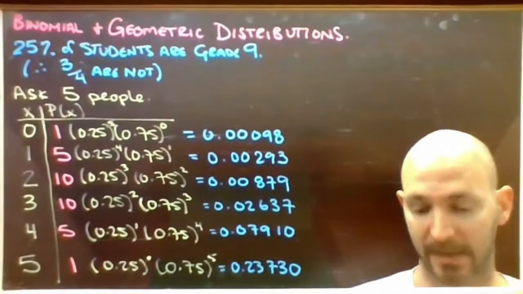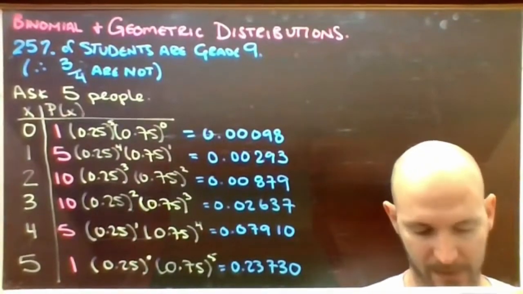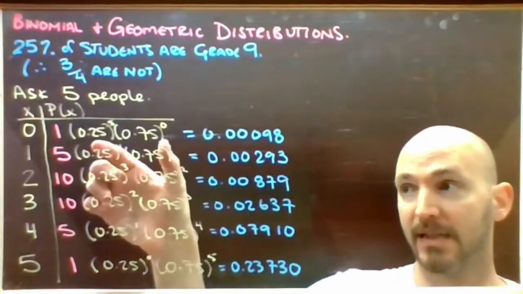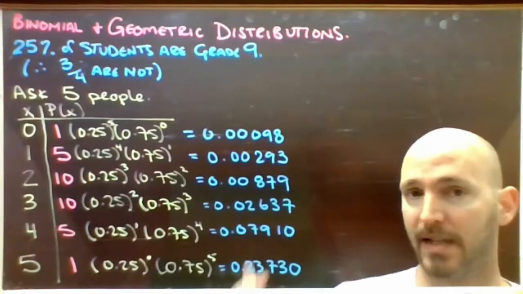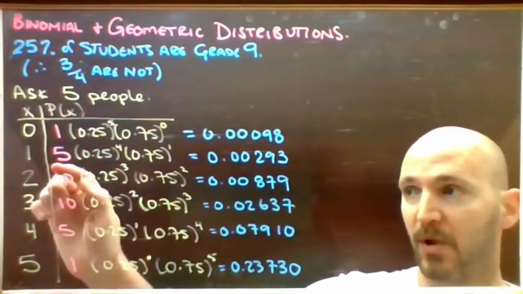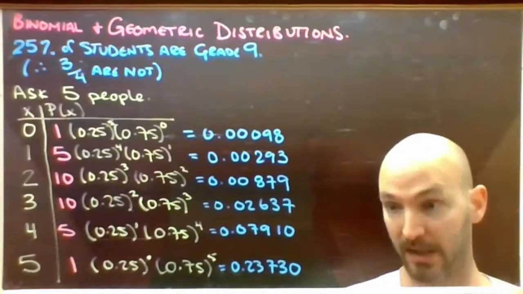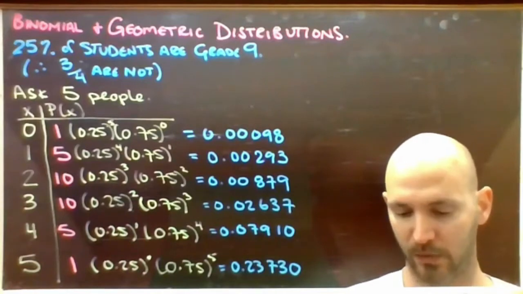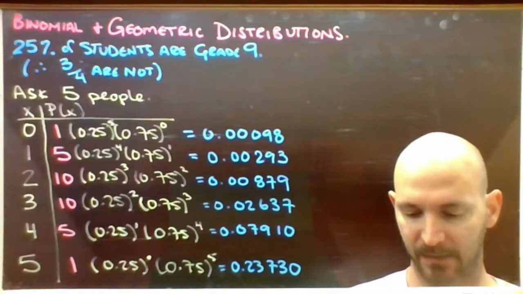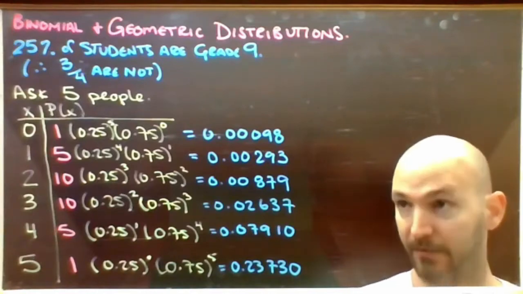We're going to fix these numbers because they're not quite right. This value here was okay because it's that multiplied by 1. That's not going to cause a change. But this one should have been multiplied by 5. So let's try that. 0.00293 multiplied by 5 gives me 0.01465.